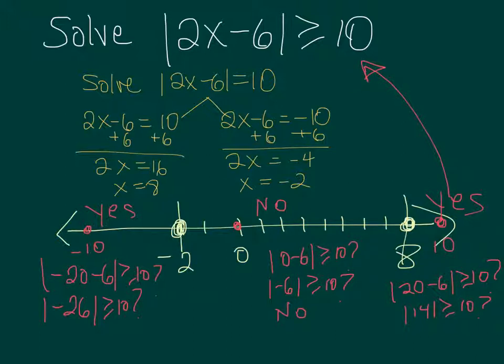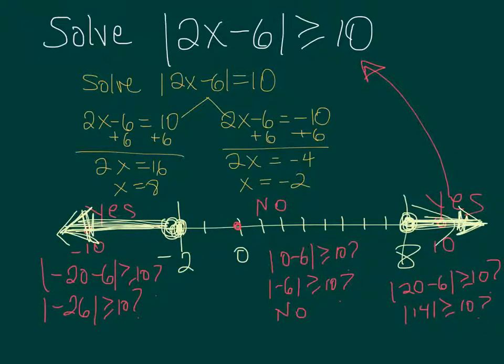So that's everywhere from 8 and up, and everywhere from negative 2 and down. So that's how we would sketch the solution on the number line.